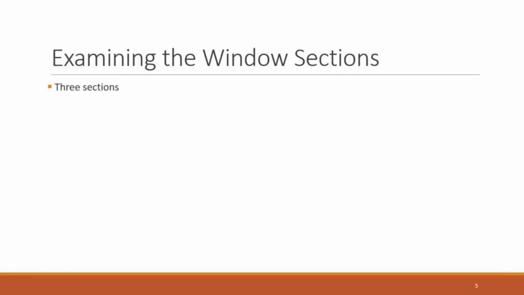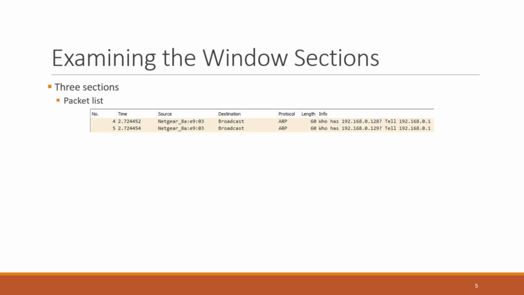So there are 3 main sections of the window. We have the packet list. As you see here in the image, this packet list is showing you the source and the destination of the packet. It starts in the far left with the number of the packet in the trace, and then the time, the number of seconds ticked off between the packets, and the source.